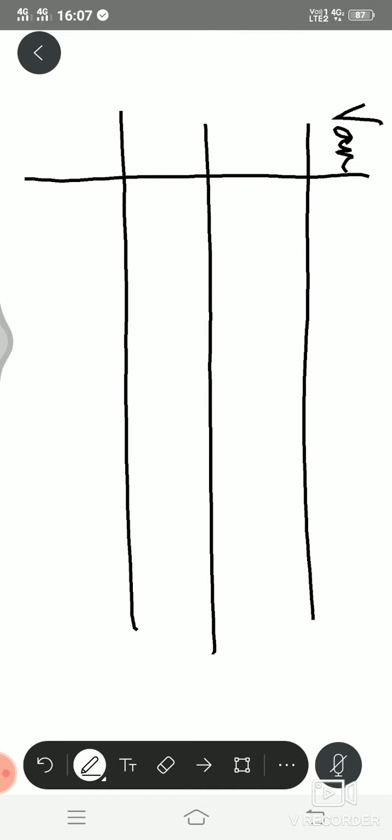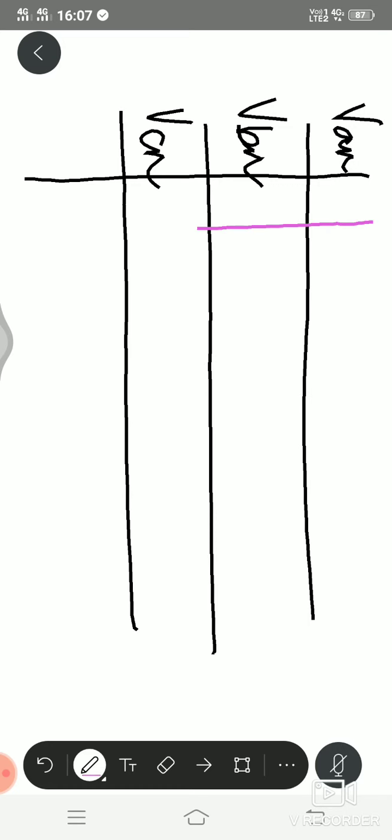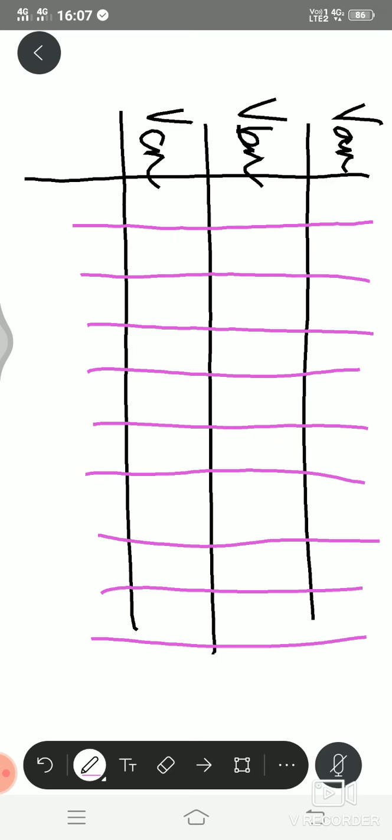So VAN, VBN and VCN. These pink lines show the steps. They should be equally placed, right? And all the time axes are angle, omega t.